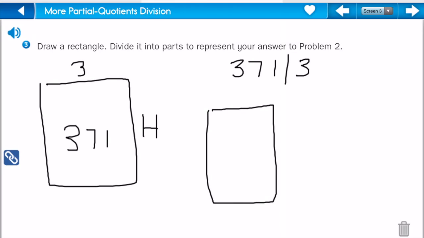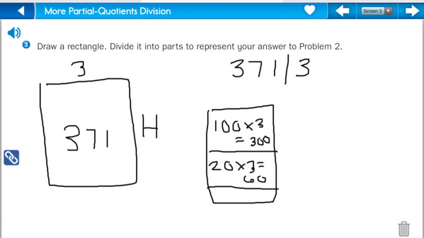So I decided that we could do 100 times 3, and that equaled 300. And then we did 20 times 3, and that equaled 60.